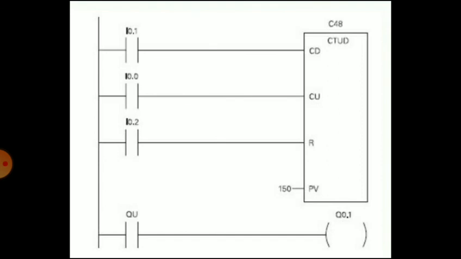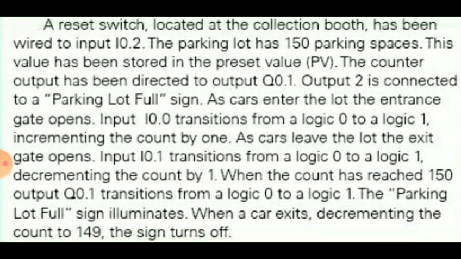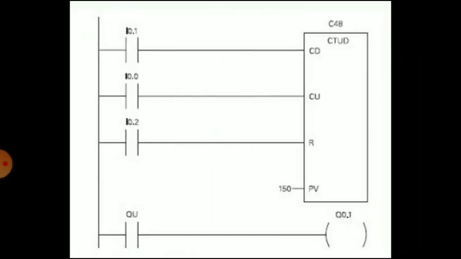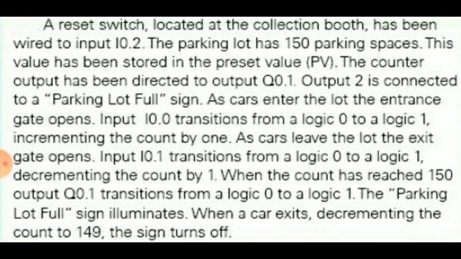The preset value is 150. The counter output has been directed to output Q0.1, which you can see at the bottom. The output is connected to a parking lot full sign.